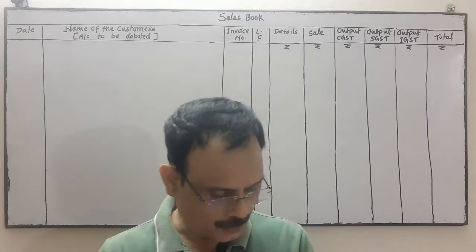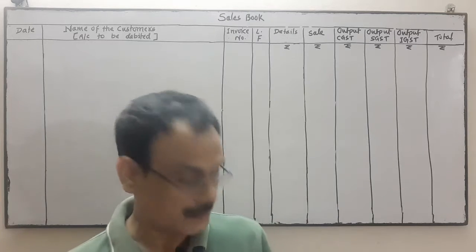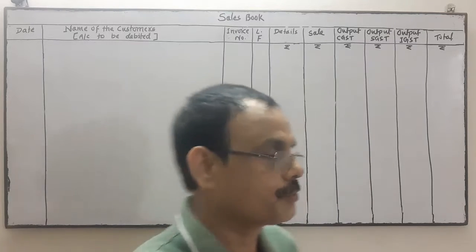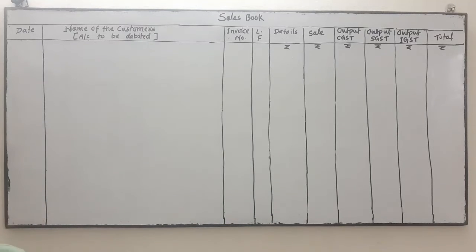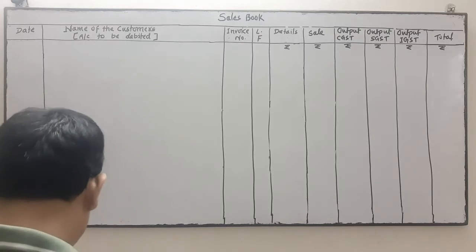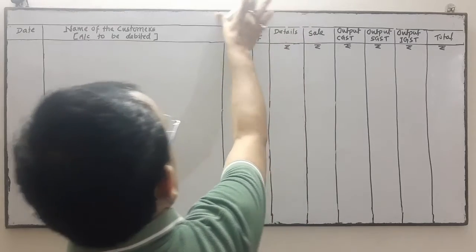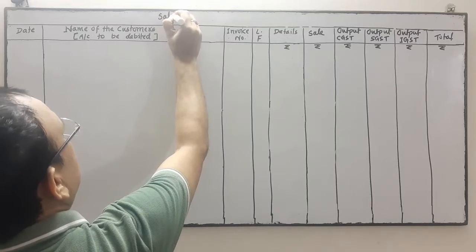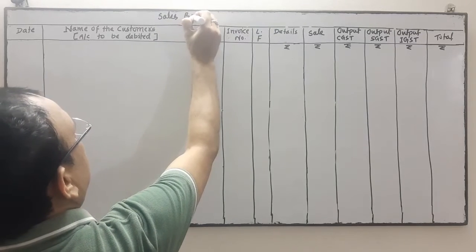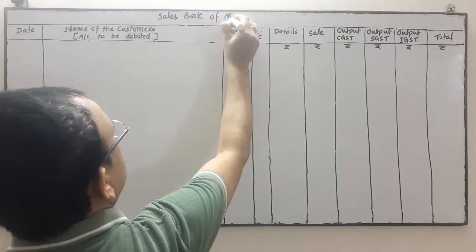So the seller is Messrs. Ajanta Electronics. We are going to prepare the sales book of Messrs.